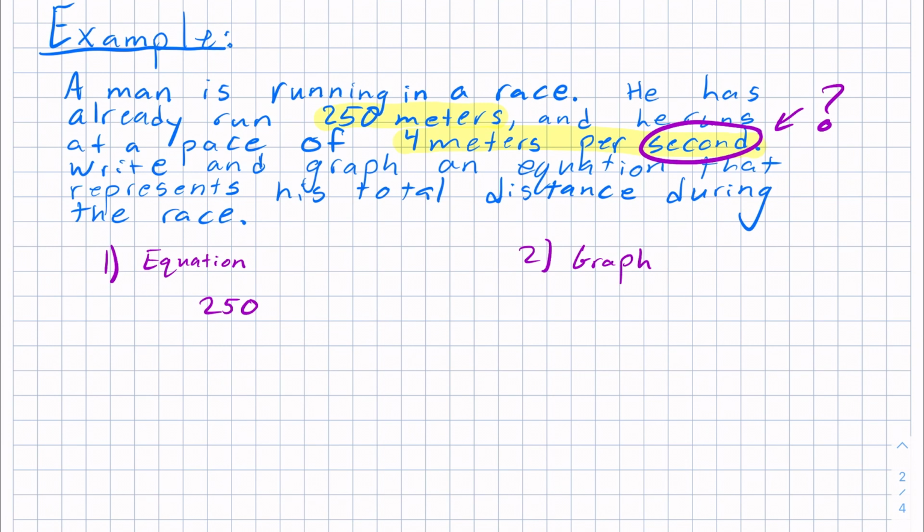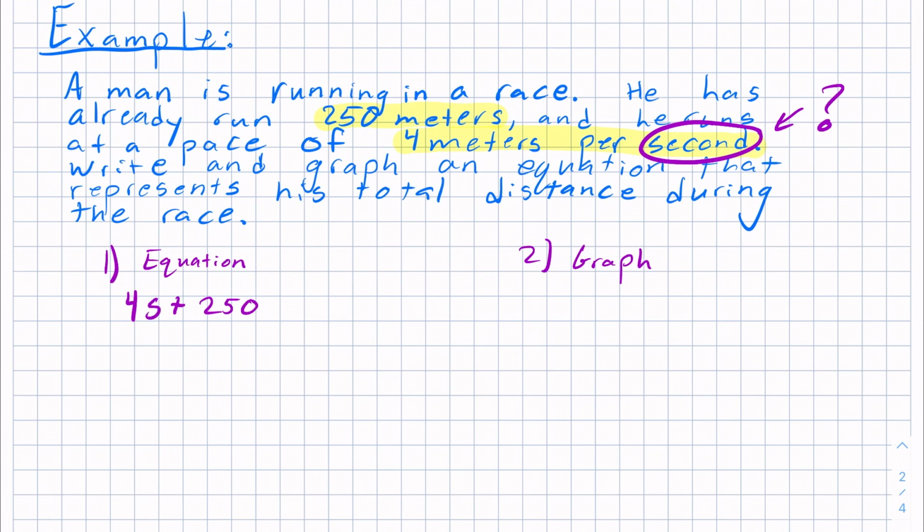So I know that he's run 250 meters, and then I know additionally every second he runs another 4 meters. So I am just going to go ahead and write 4 meters plus 250. Actually, I'll make that variable s to be seconds, right?